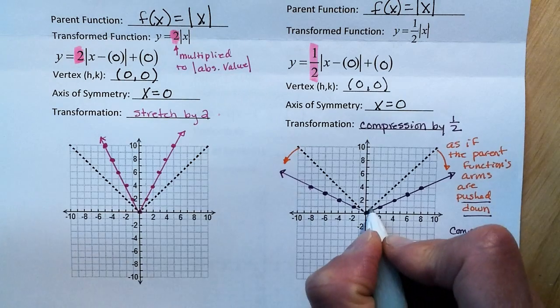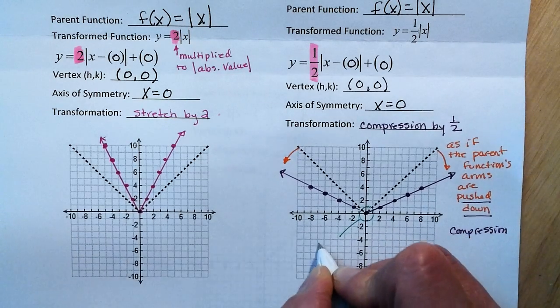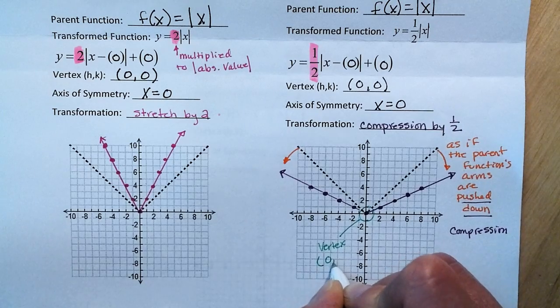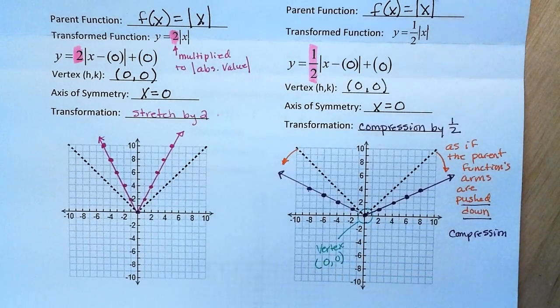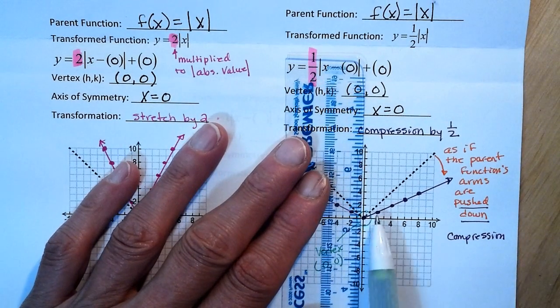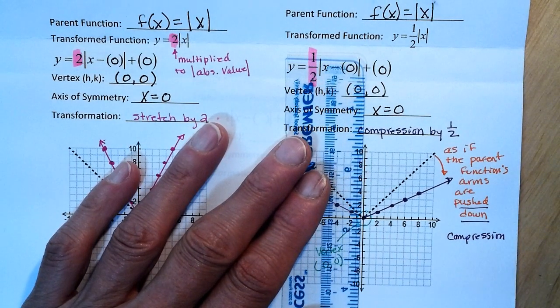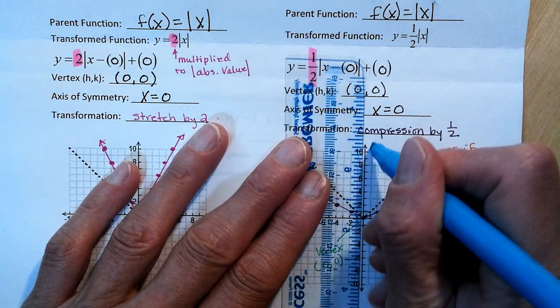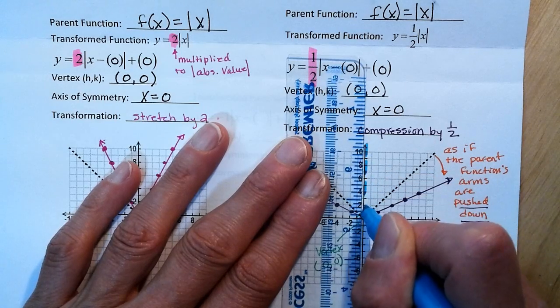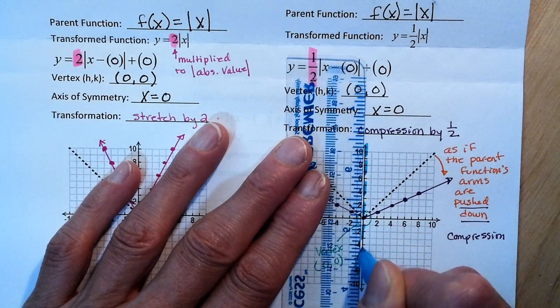And again, let's just go over a few things here that I kind of glanced over. So right here, this is my vertex, and my vertex exists at 0, 0. And my axis of symmetry, if I was going to draw it in, goes through the vertex, and we have balance on both sides. The function looks like a mirrored image on both sides, so it's symmetrical.